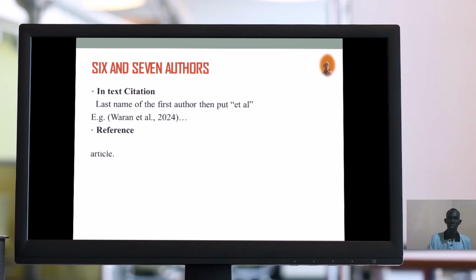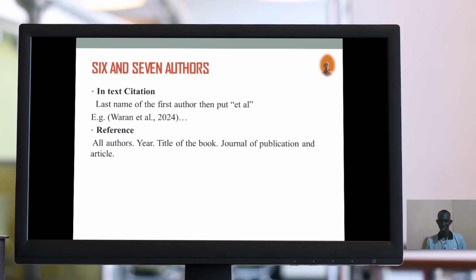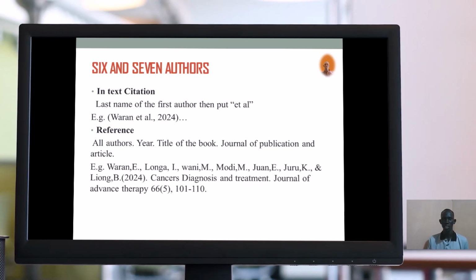And then you write the information that Warren is saying or Warren is referring to. In our reference list normally we put the authors' own names, all the names of the authors, the year of publication, the title of the book. You can put the journal of publication, the article, in case you have an article or a journal. For example, this is how we can reference.